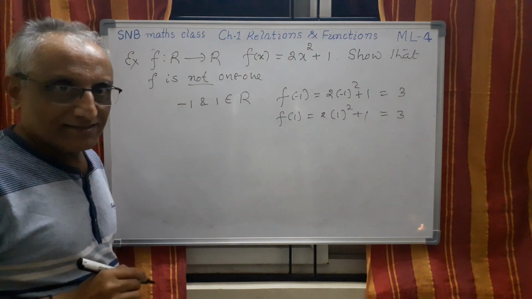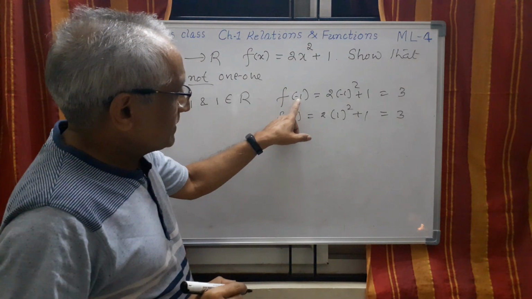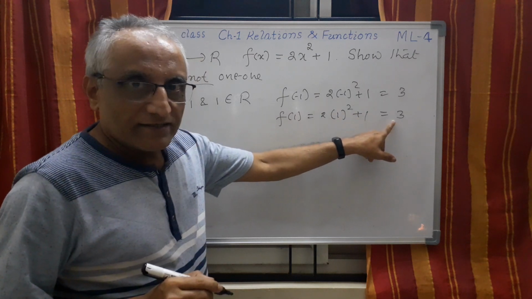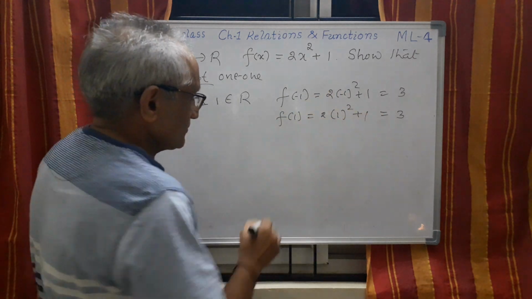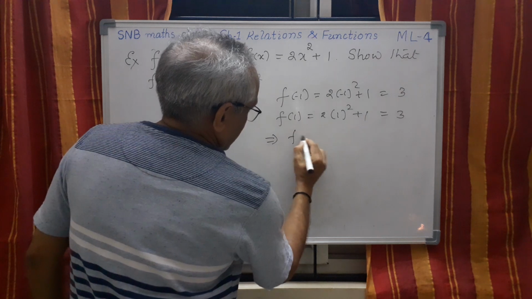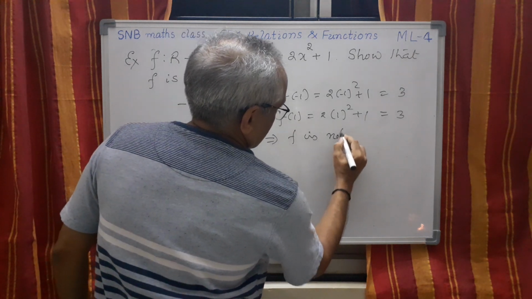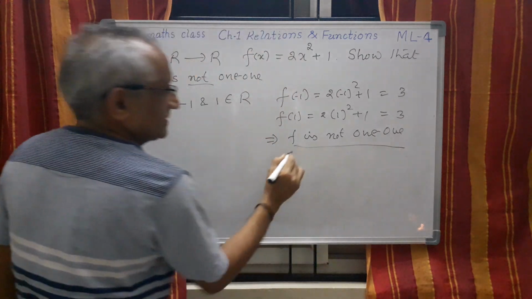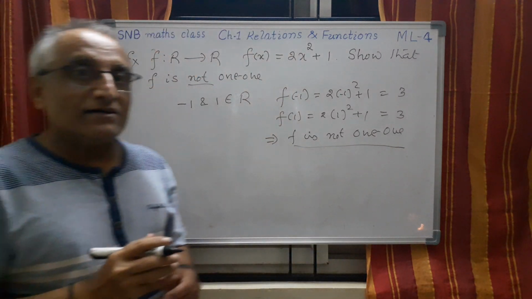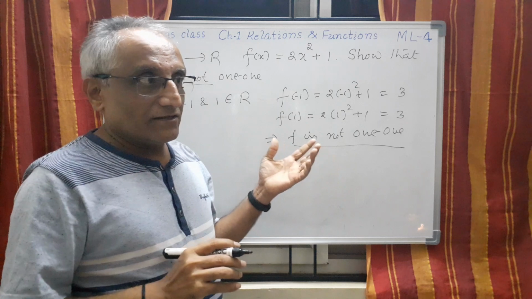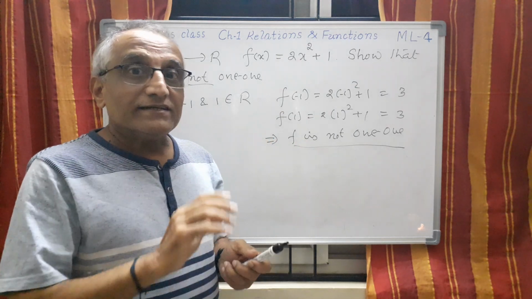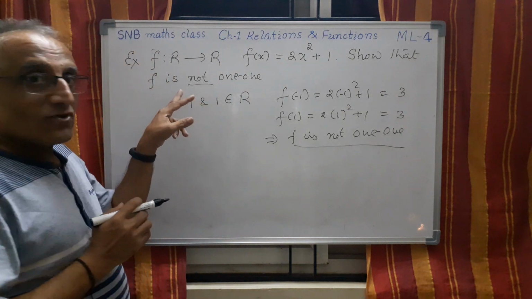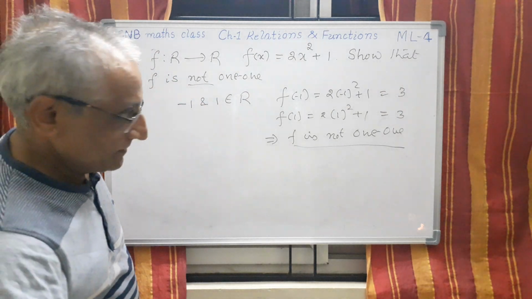That means -1's image is 3, and 1's image is also 3. So they are the same. So this implies f is not one-one. This is also called the counter example method. Last year in mathematical reasoning you have seen different types of proofs, and disproving is normally giving a counter example.